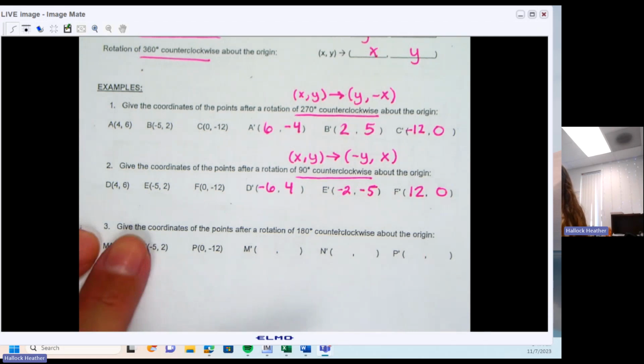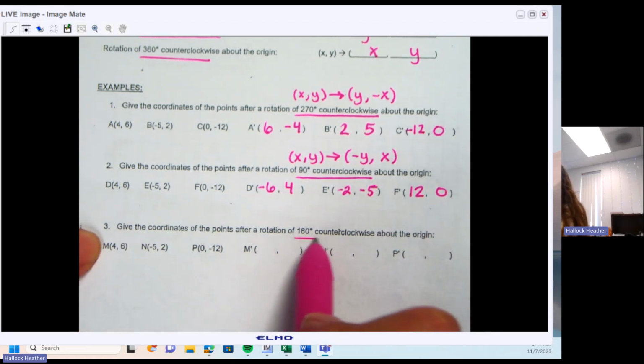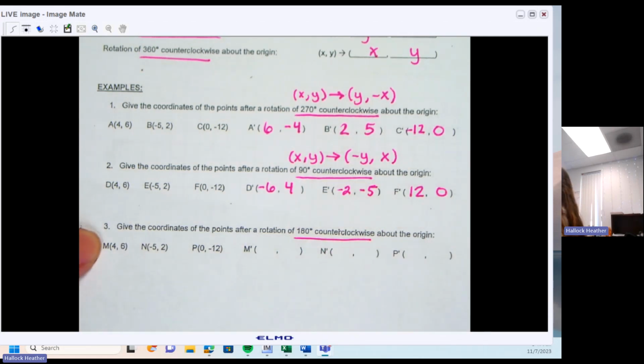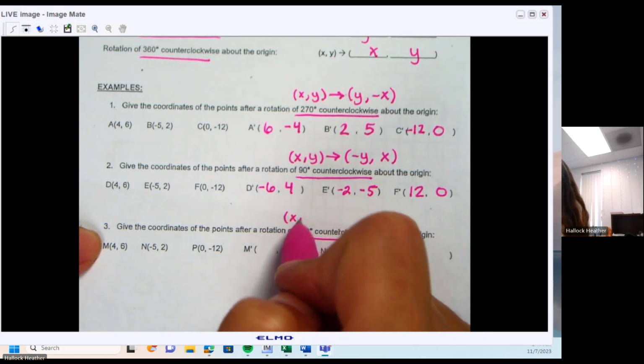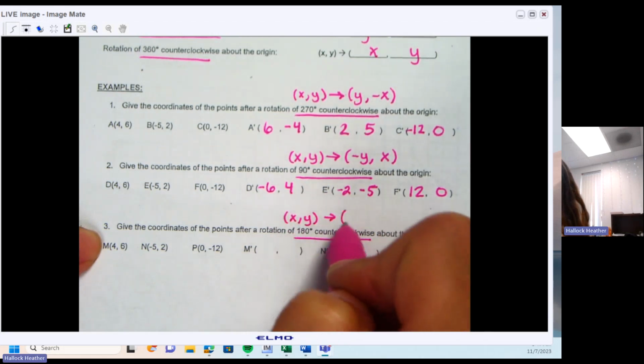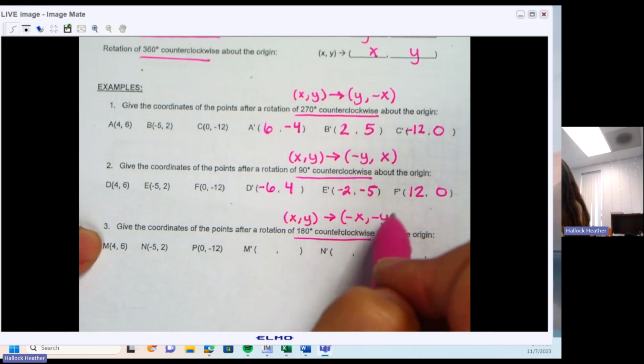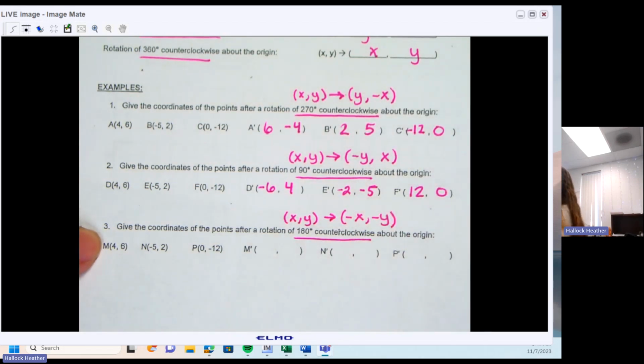It says give the coordinates of the points after a rotation of 180 degrees. With 180 degrees, all it does is change the sign. It does not flip the coordinate, it just changes the sign. So your x, y just turns into -x, -y. If it's positive, it's negative, and if negative, it's positive. So M is 4, 6.